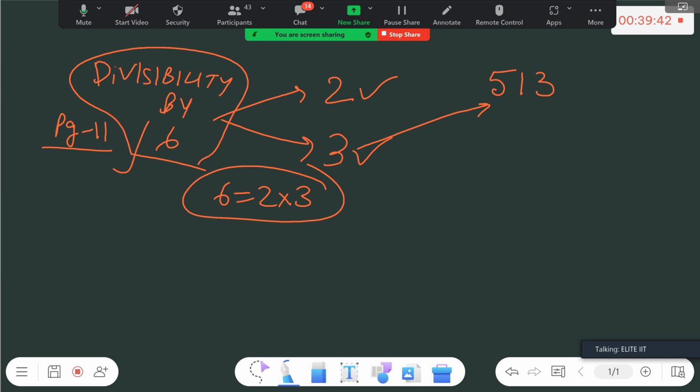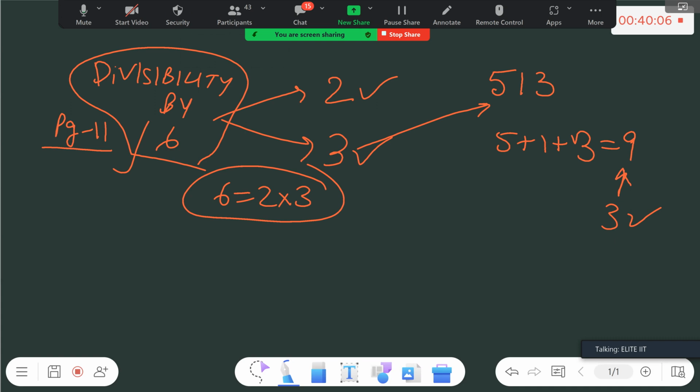Do you know about 3? A number is said to be divisible by 3 if the sum of the digits is divisible by 3. What is the sum of the digits here? 5 plus 1 plus 3, which is 9. And 9 is divisible by 3.